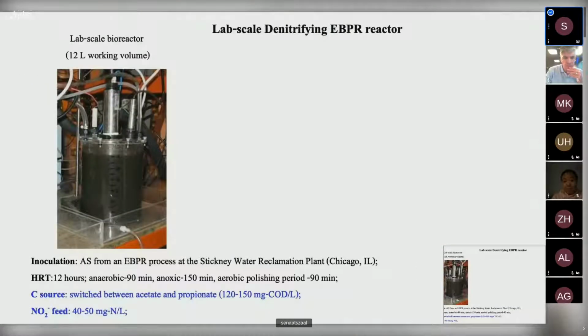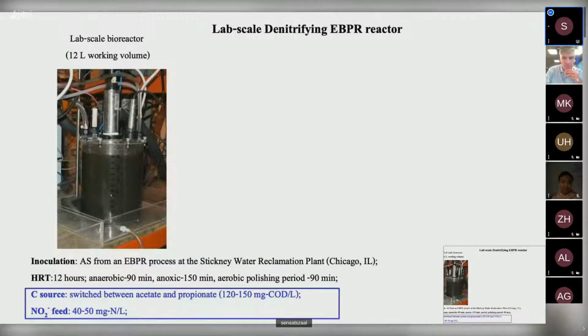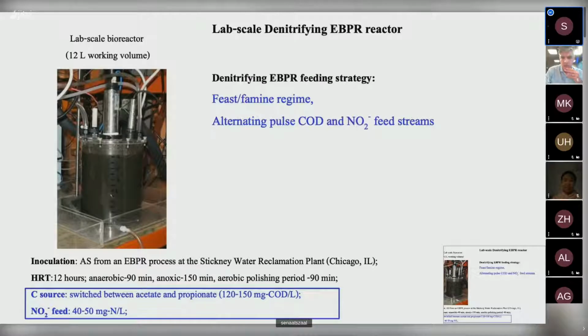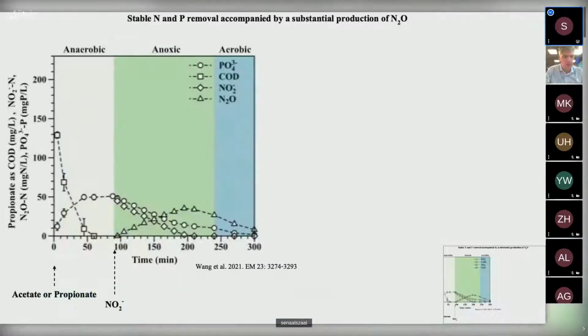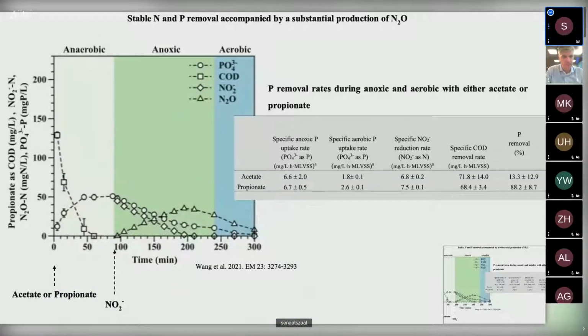The lab-scale denitrifying EBPR reactor was run over a course of 3 years with synthetic wastewater and a feast-famine regime by alternating COD and nitrite feed streams. DPAO activity in the system was evidenced with phosphorus release during the anaerobic phase and phosphorus reuptake during the anoxic phase.